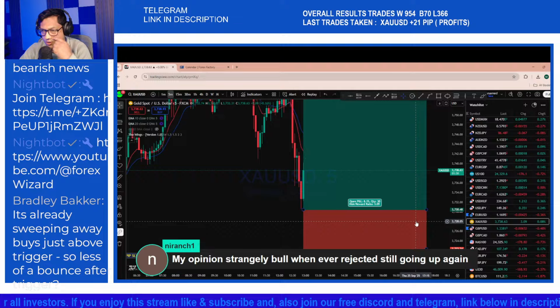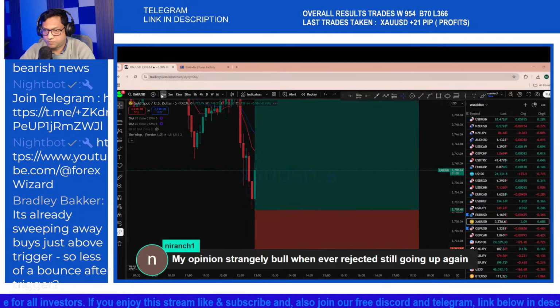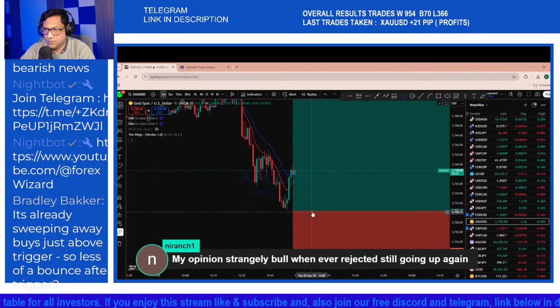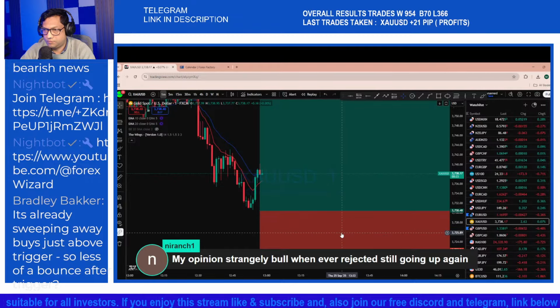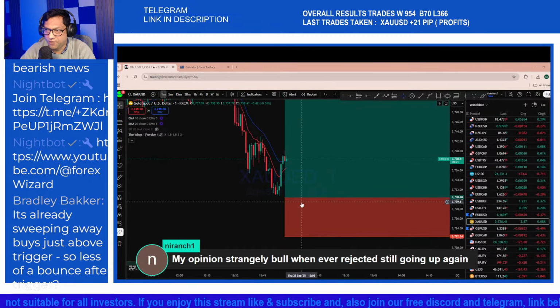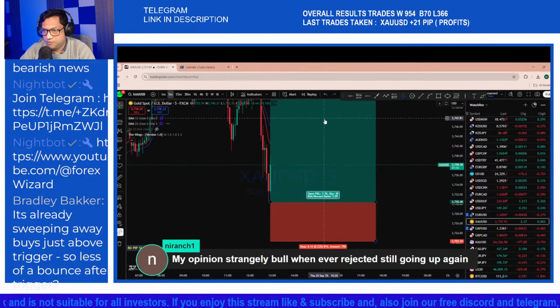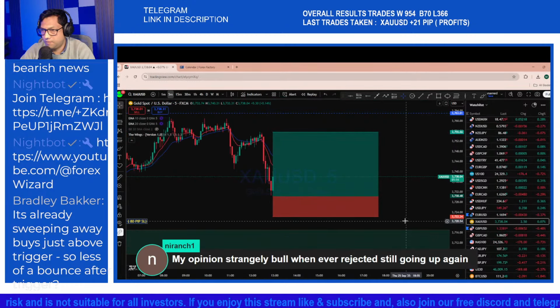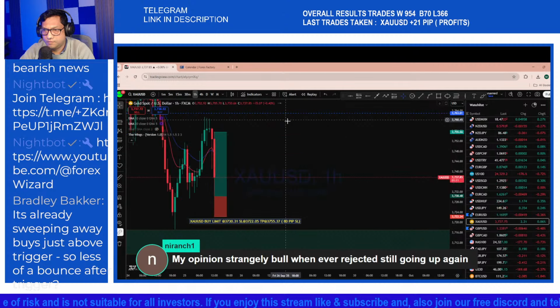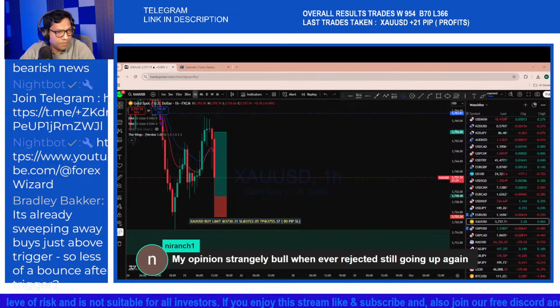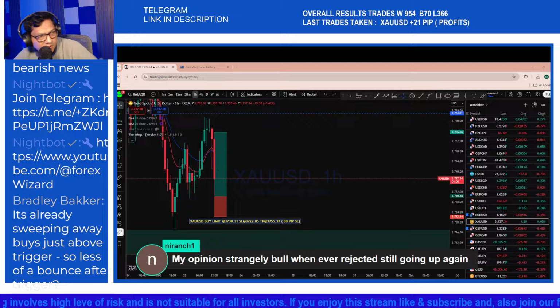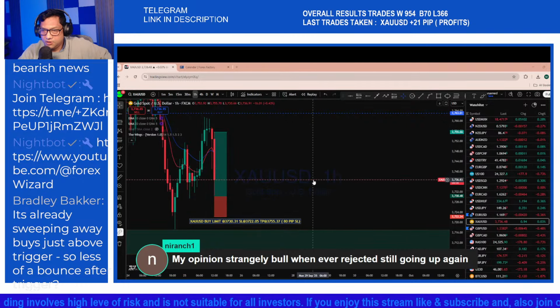I'll keep the entry still there. I'll still be waiting for 1 more drop and then to enter. It's very weird to see the market do this, just for 1 pip.